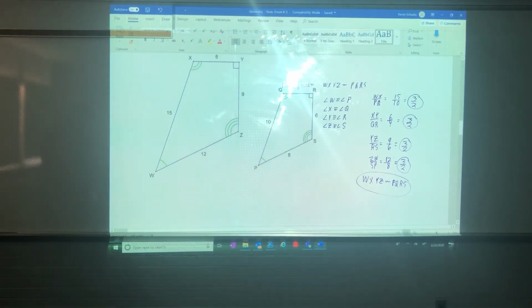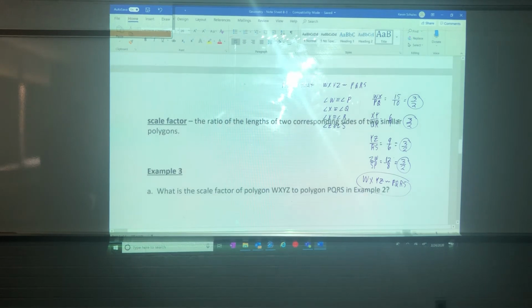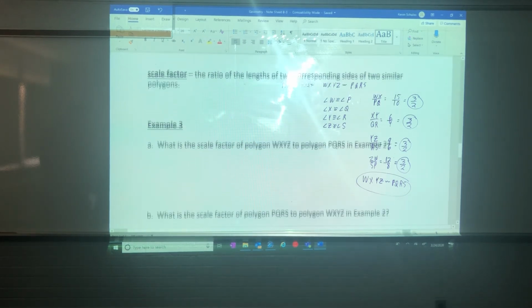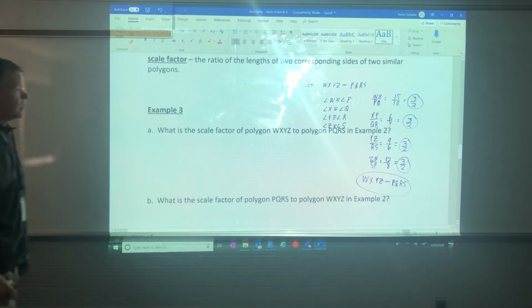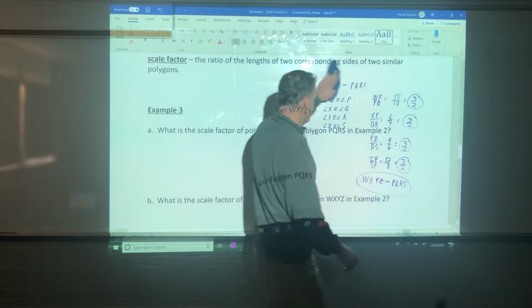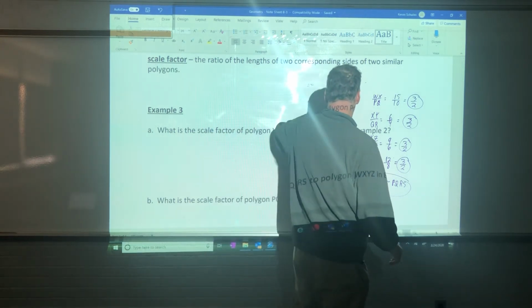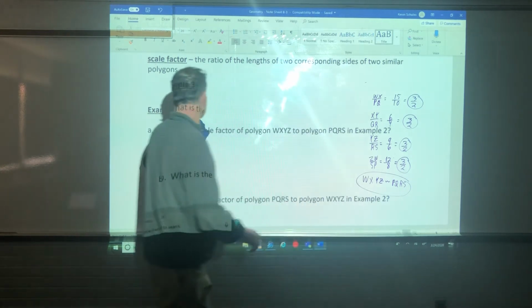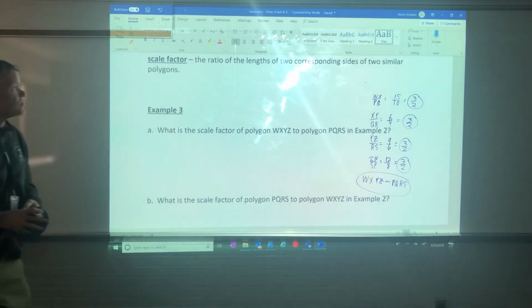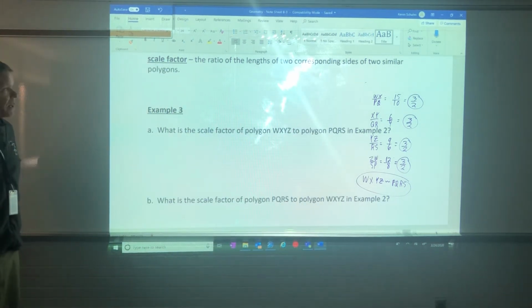We're going to work our way down here to looking at a couple of things with the scale factor. The scale factor is the ratio of the lengths of the two corresponding sides of the two polygons.